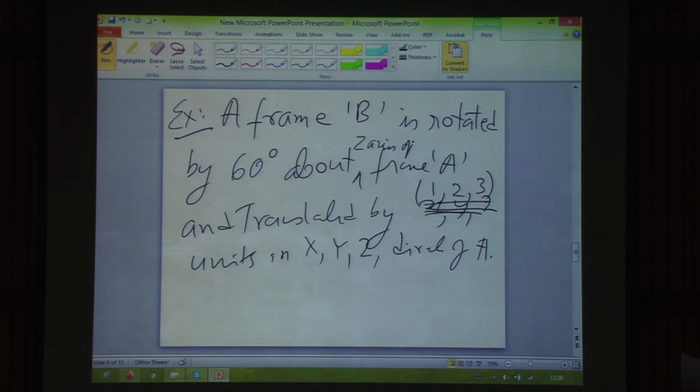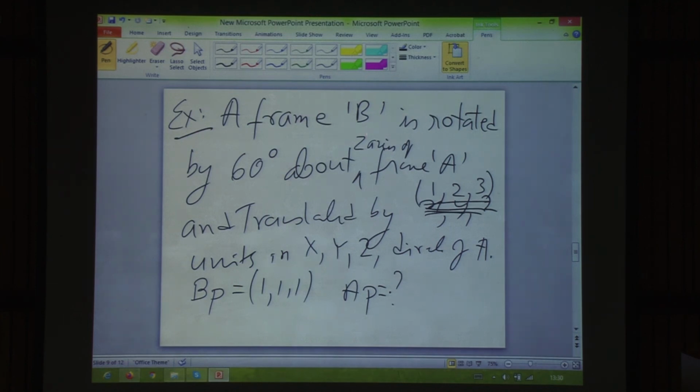There are 2 frames. Frame B is first rotated, then translated. Now, if the coordinates of a point BP in frame B are given by 1, 1, 1, what is AP? I hope the question is clear.